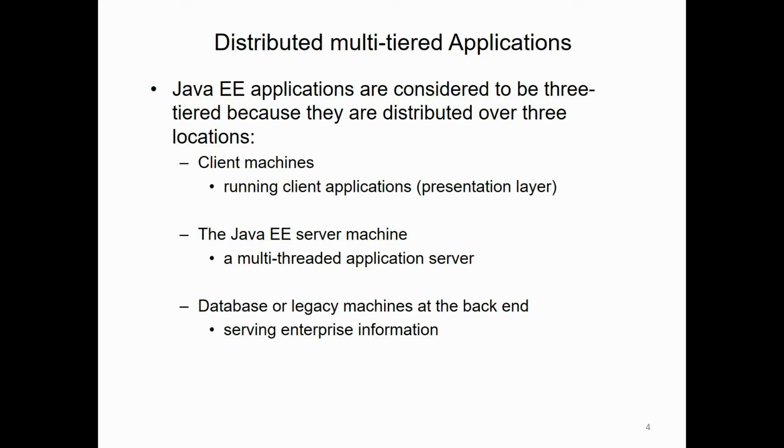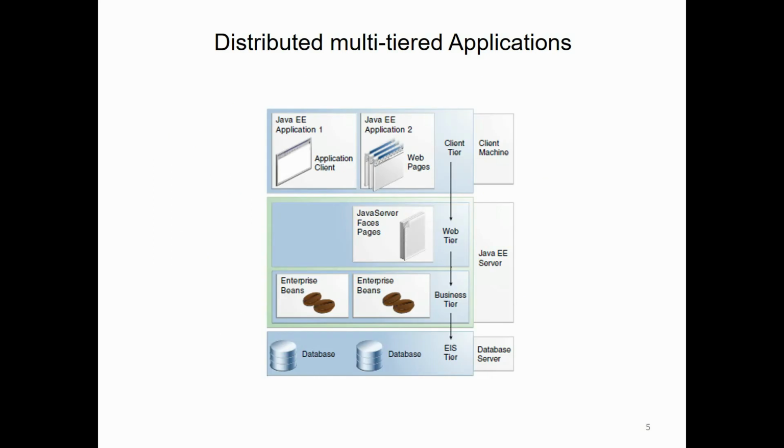These are all talking to at least one server machine and possibly multiple server machines, and we'll have to think about that in terms of distribution or clustering. And very often the database or legacy information systems are going to be on different computers. So we get a system that looks a bit like this. Multiple machines with different components on the application being distributed amongst those machines.